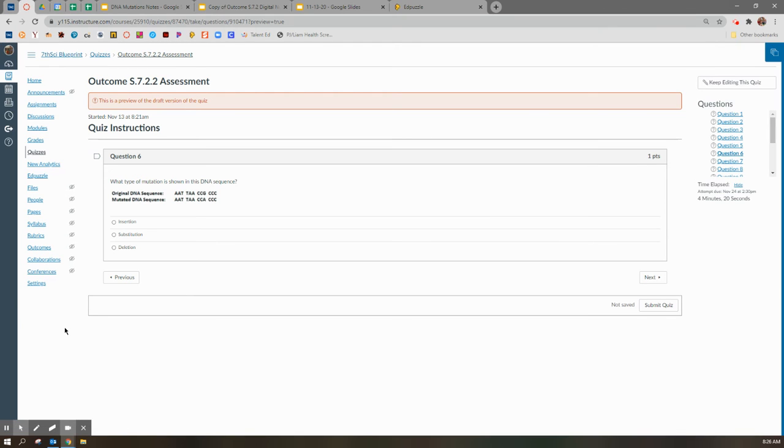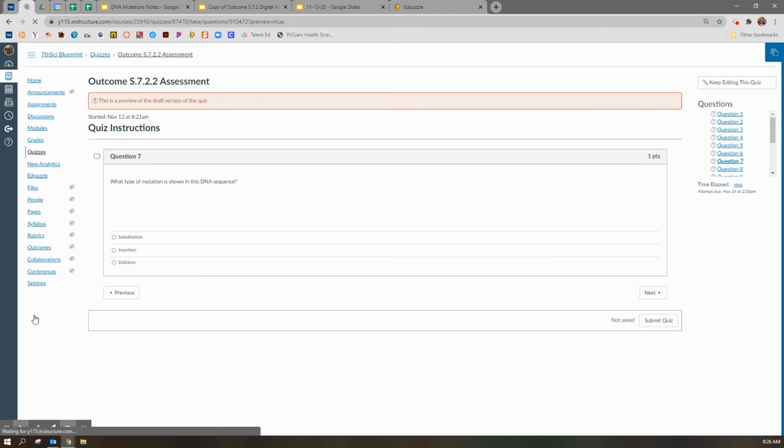Question 6. What type of mutation is shown in this DNA sequence? Is it insertion, substitution, or deletion? Question 7. What type of mutation is shown in this DNA sequence?